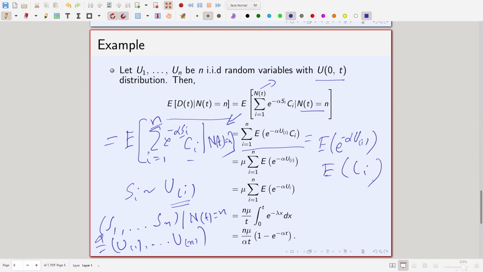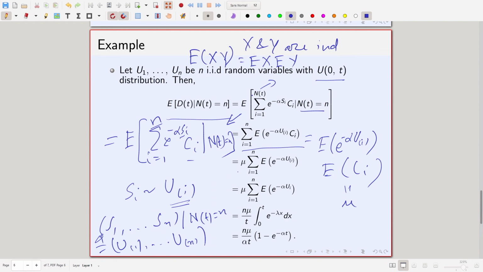That is because if two random variables X and Y are independent, then the expectation of XY is the expectation of X times the expectation of Y. So that we are using here. Now the expectation of Ci is equal to mu, that is given. So that just comes out because it is a constant, and I take that out of the summation.